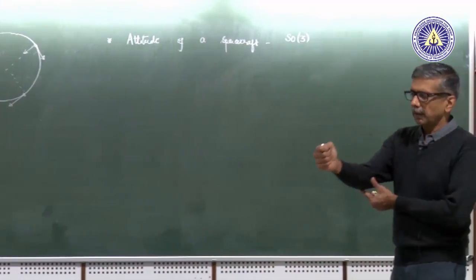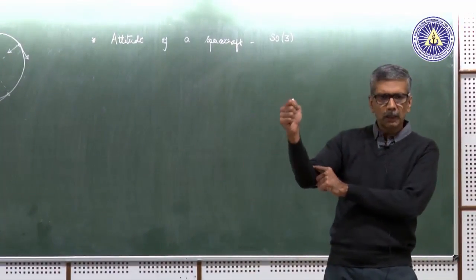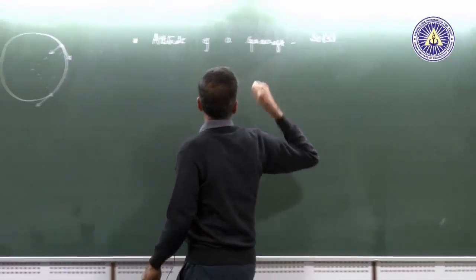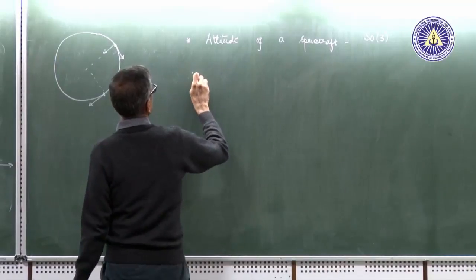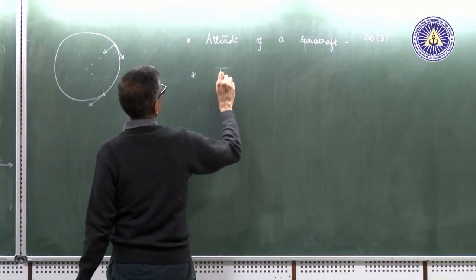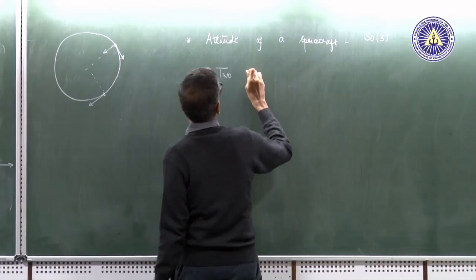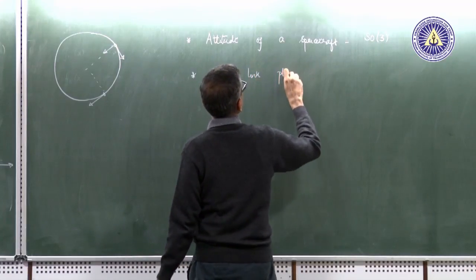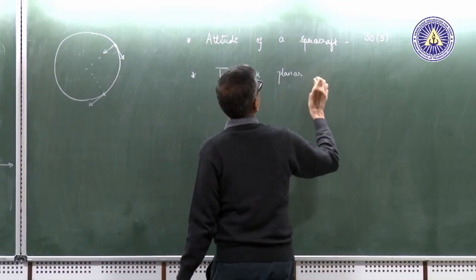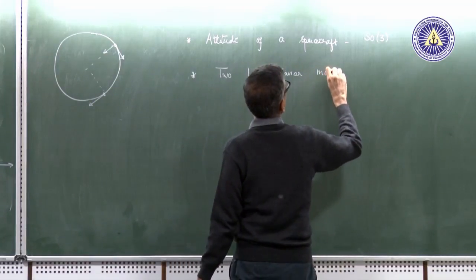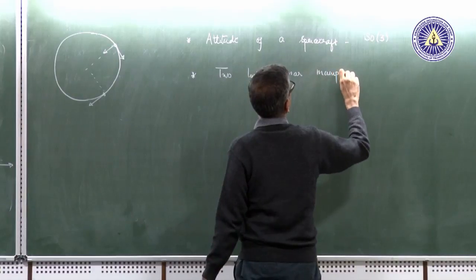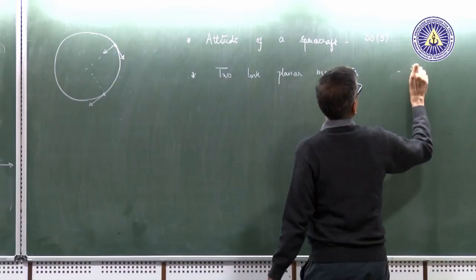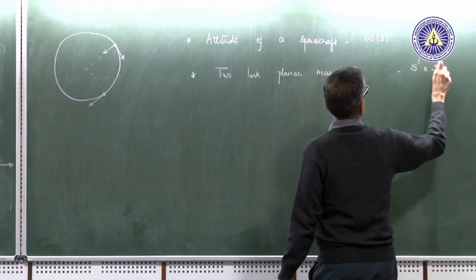If you have a two-link manipulator, you have one angle here, one angle here. So, this is the rotation matrix. Let's say a planar two-link manipulator: S1 cross S1.